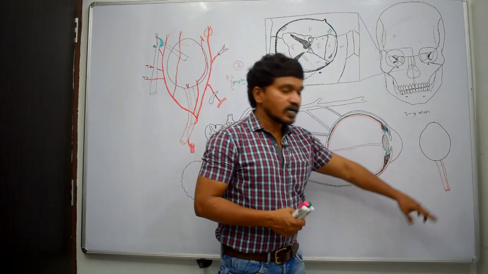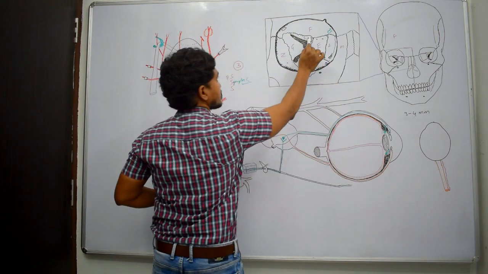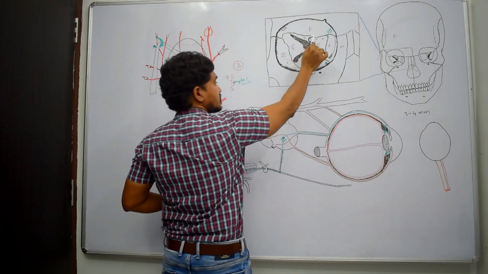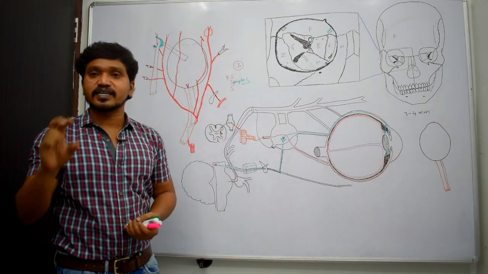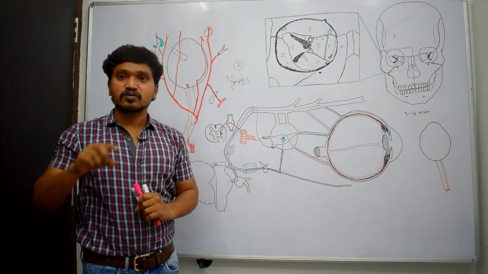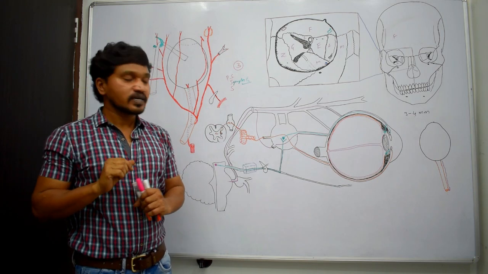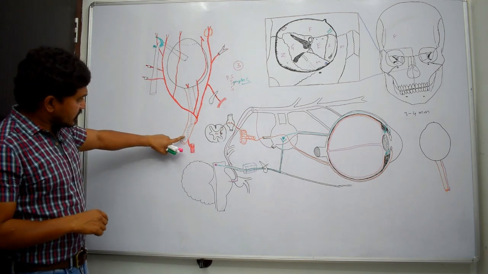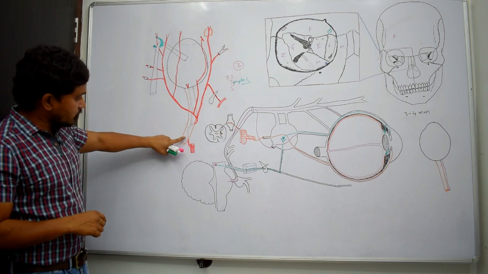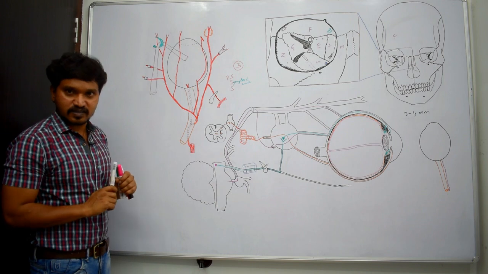If you come to the relations here, at the apex of the orbit, see here, this is the apex of the orbit. Surrounding this there will be the common tendinous ring of Zinn. That means surrounding the optic nerve we can find the recti muscles at the apex, right? Then if you see the posterior part of the optic nerve, below and laterally what is there? The ophthalmic artery is there.